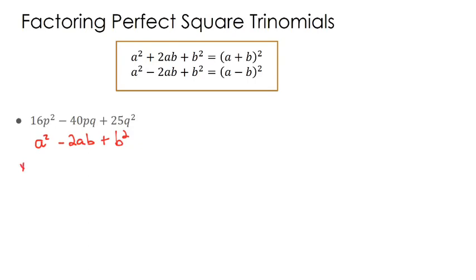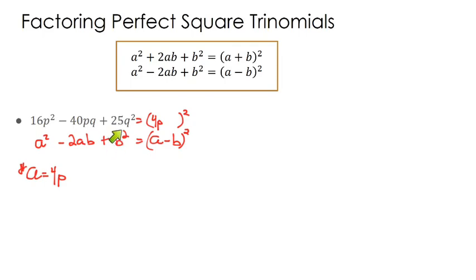And so our question is, okay, well, I know this will factor to a minus b squared. We just got to figure out what the a and b are, and then we'll have this trinomial factored. If some number squared equals 16p squared, well, what times itself gives us 16p squared? Hopefully you're saying that a must be 4p.